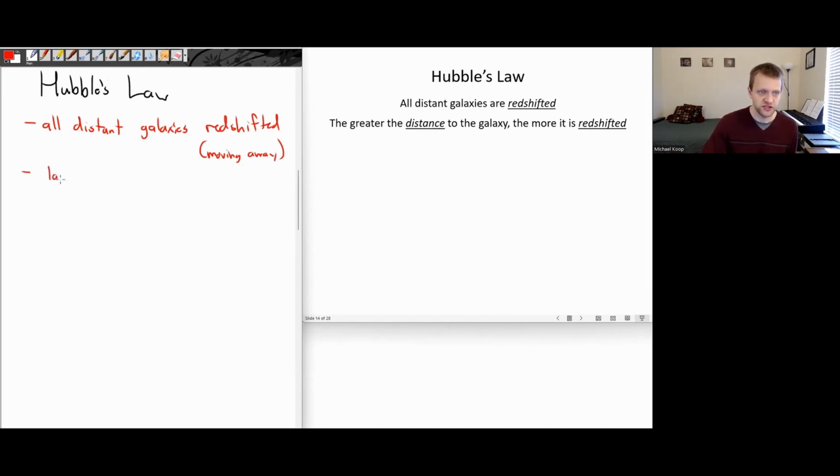So larger distance, more redshift. So all distant galaxies are moving away from us. And the greater the distance to these galaxies, the faster they're moving away. Again, Hubble was able to identify this because with access to the best telescopes, he was able to measure the distances to these galaxies. And by using the spectra, he was able to measure the redshifts of these galaxies.